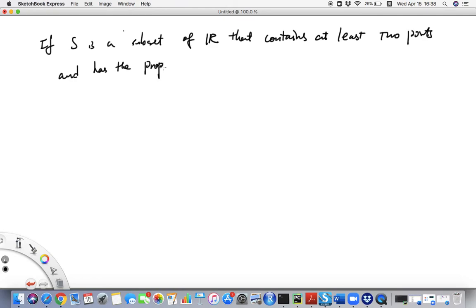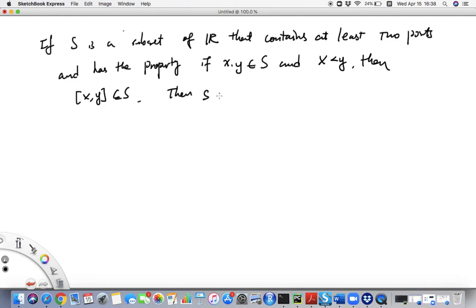If S is a subset of R that contains at least 2 points and has the property that if x, y are in S and x is less than y, then the closed interval [x, y] is in S, then S is an interval. Okay, so we're going to prove this.